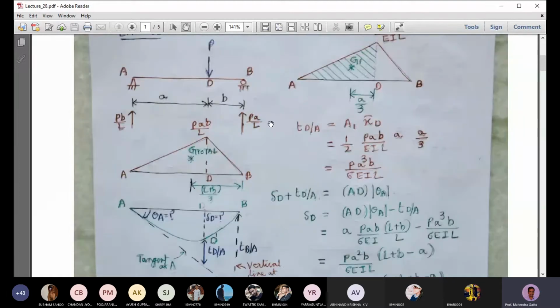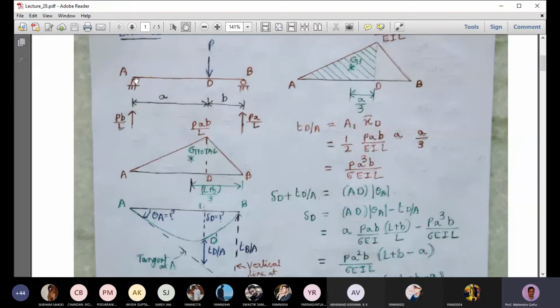If you cut a section in the interior portion of segment AD, we can find the bending moment M of x to be equal to Pb by L into x, that is RA into x.